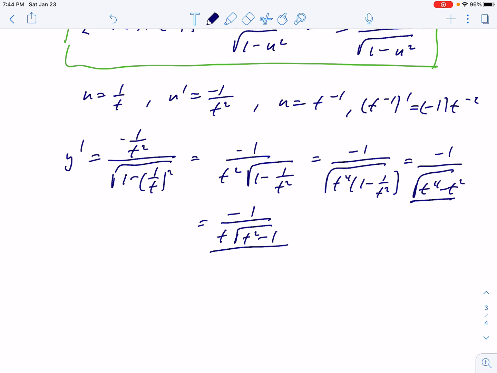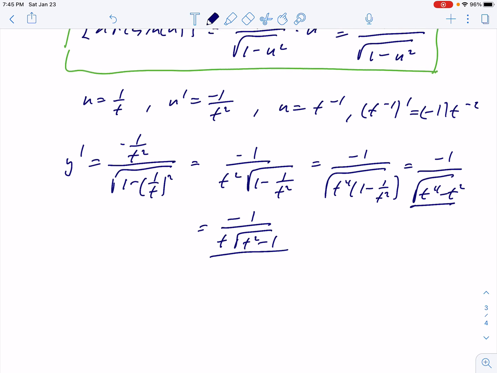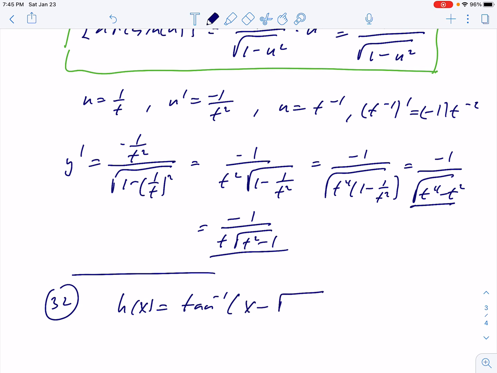And now I'm jumping to 32. I think this is quite interesting. Function h of t is defined this way. Inverse tangent, let's put variable x, more familiar to work with x. Inverse tangent of x minus square root x squared plus 1.